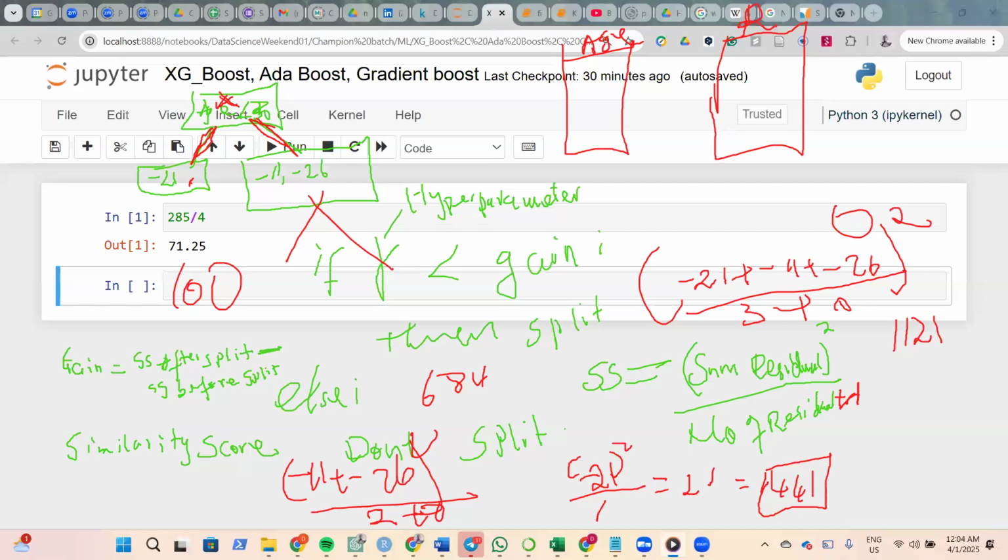So if alpha is less than gain, then split. But if alpha is not less than gain, then don't split.